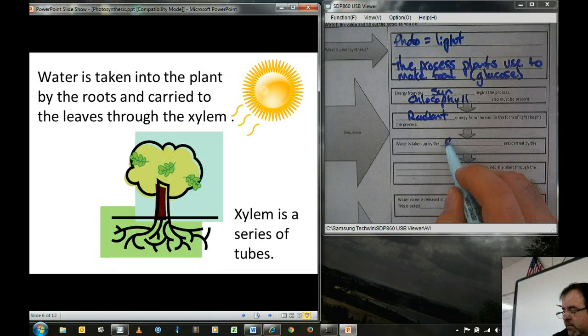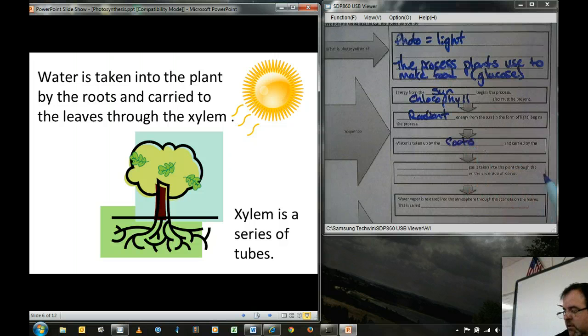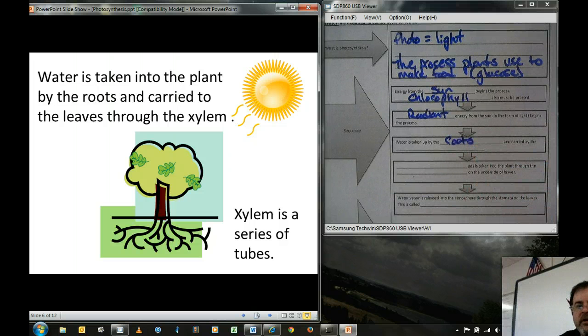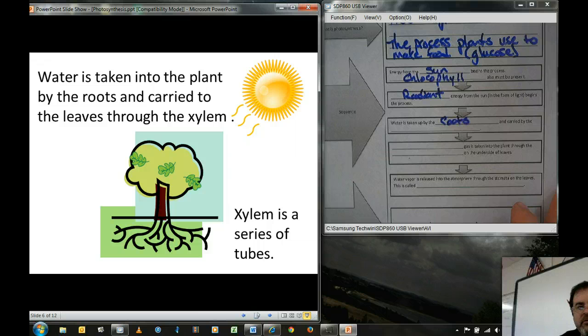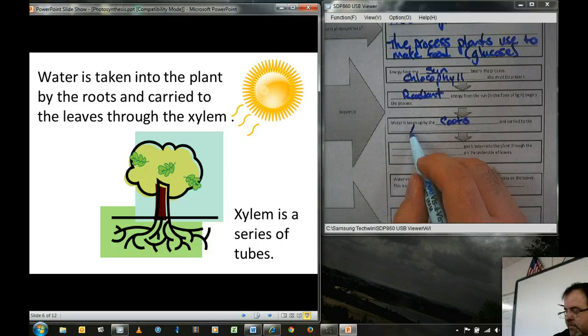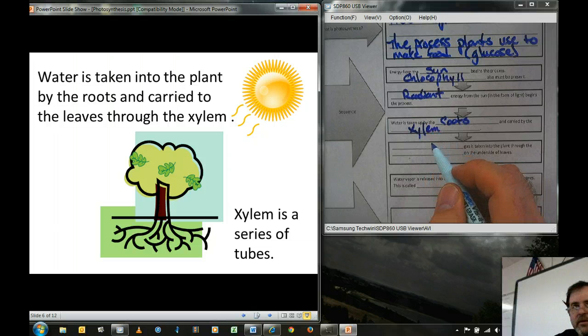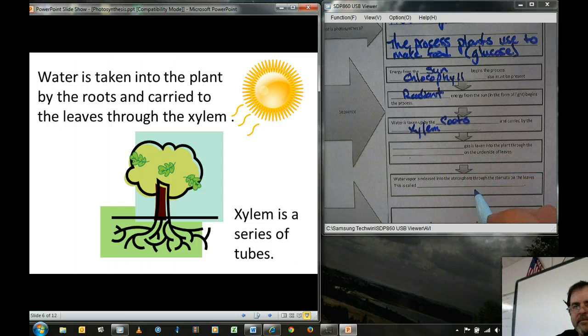Water is taken up by the roots, and water is carried up through the leaves through the xylem. Think of xylem like veins and arteries. Plants really don't have those, but they have little tubes called xylems. Those xylems help the plant transport all the water and nutrients to the leaves and stems and that kind of thing.